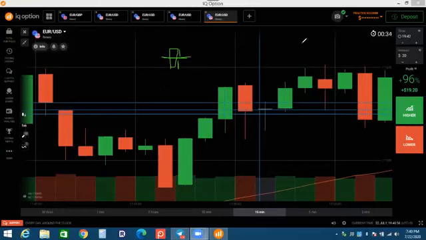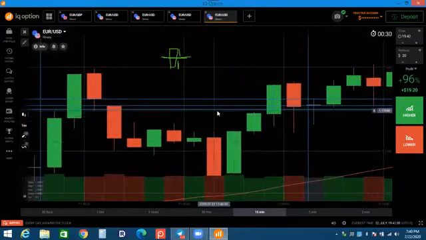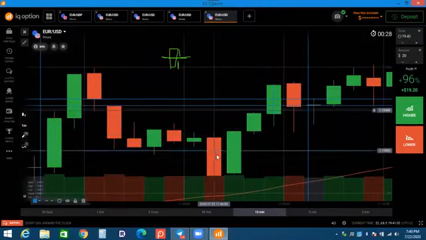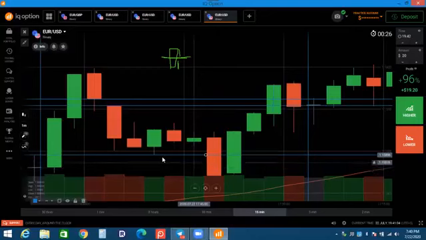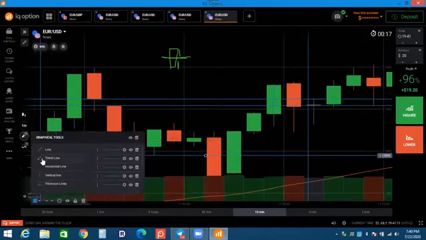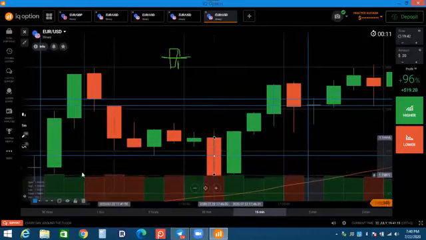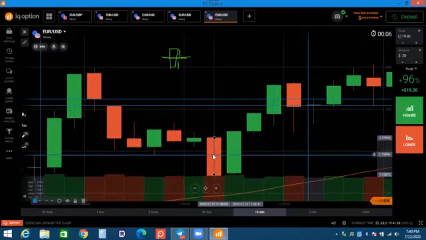Again, I'm going to show you another example here. Is the breakout of this wick 50%? Look at it. Is it 50%, Mahbub? Yes, sir.